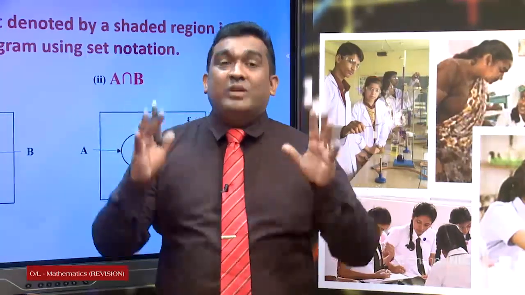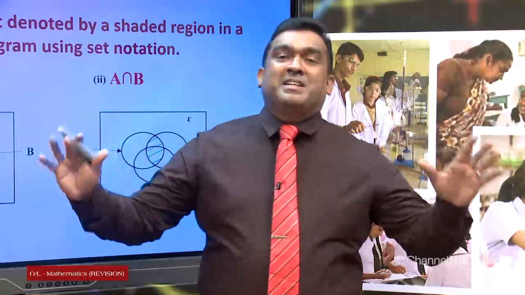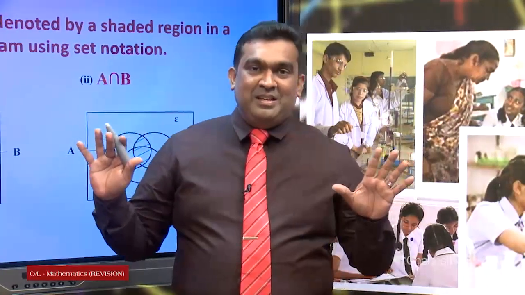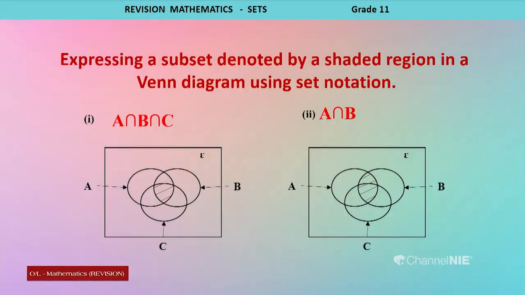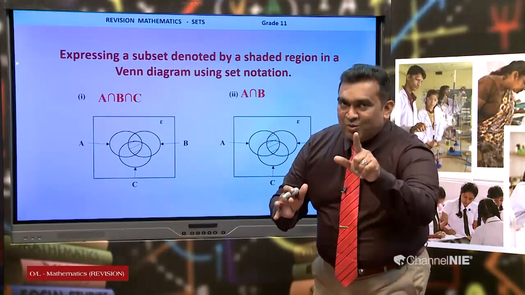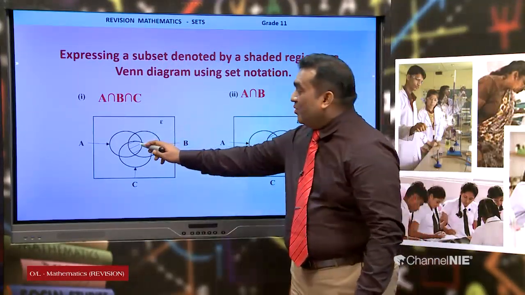Using set notation, we are going to represent the shaded regions. Right? We will see A intersection B intersection C. It means the common region for all the sets. Where is the common region? Can you see it? This is the common region.